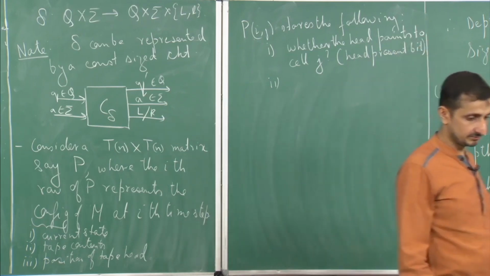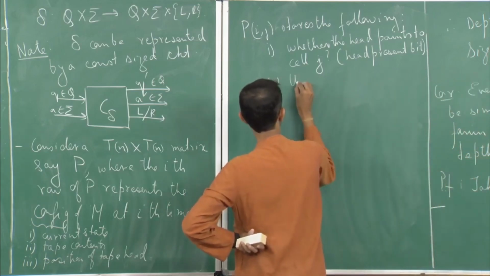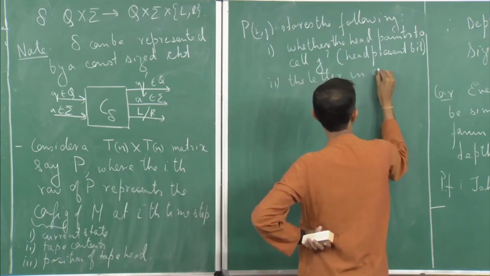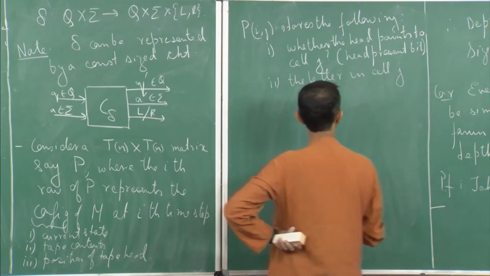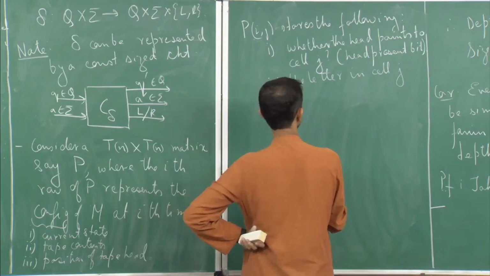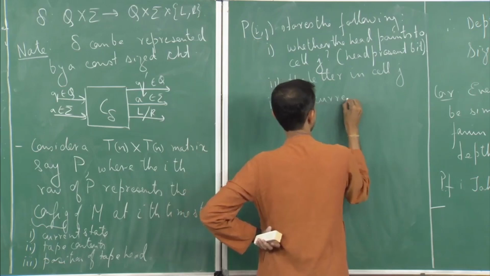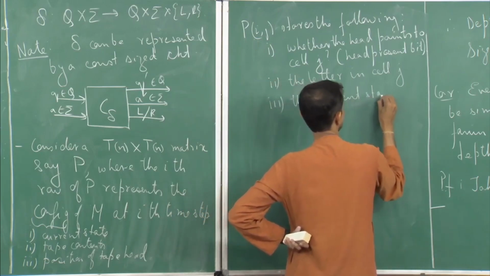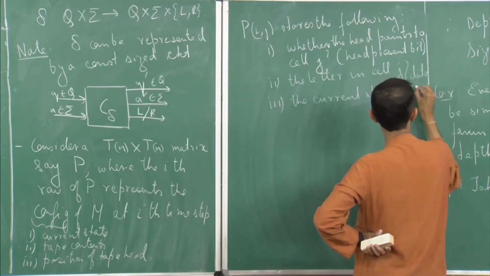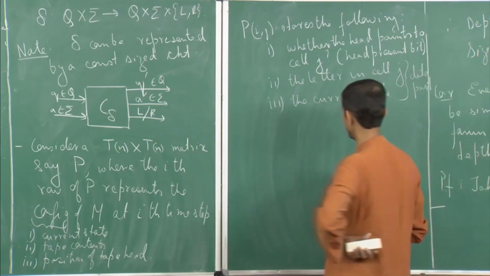So this is a single bit which stores this. Second is the letter in cell J, and the third is the current state. Okay. So these two together will be the data part, and this is the head present bit.